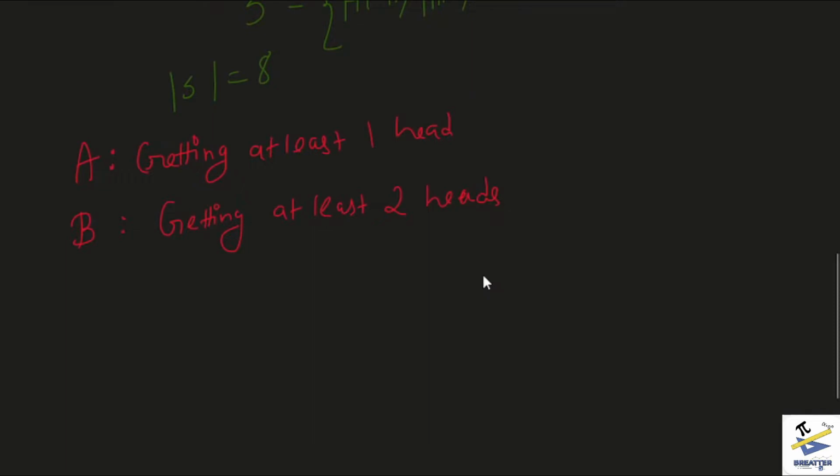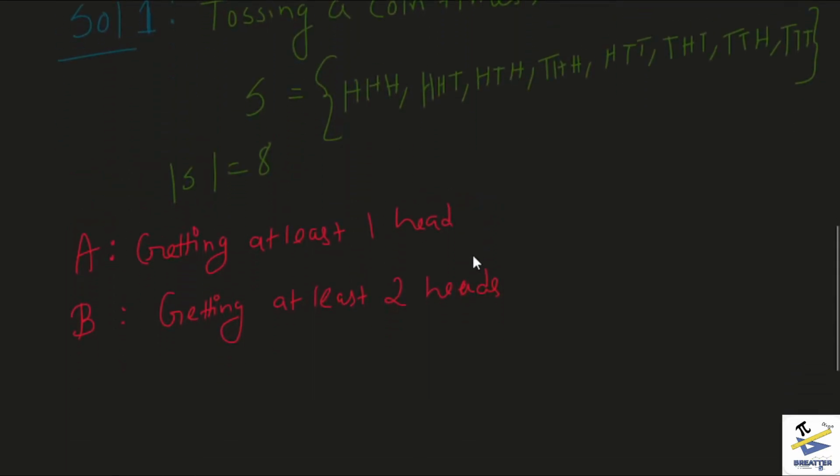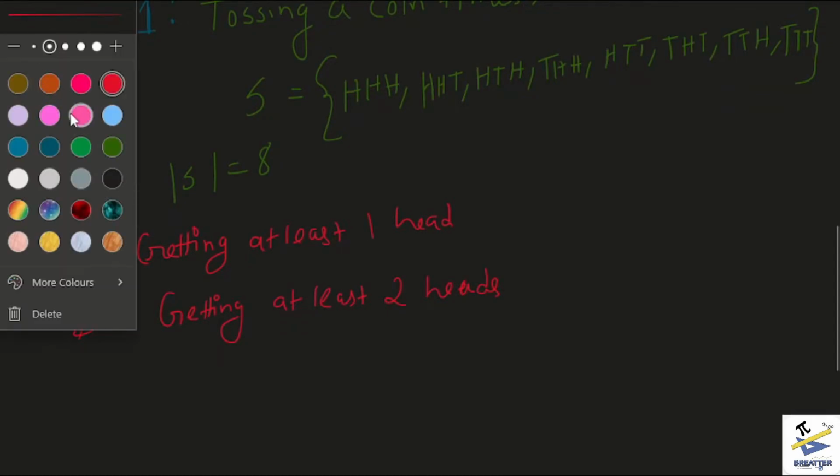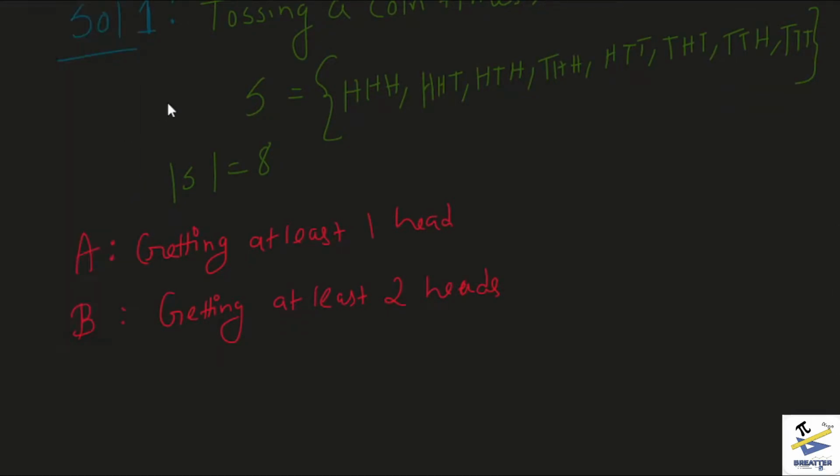Now as we can see from the sample space, we can easily point out which event corresponds to what. So let me write it down. For event A, probability of A should be equal to the probability of the following set. What outcomes would be included for getting at least one head?